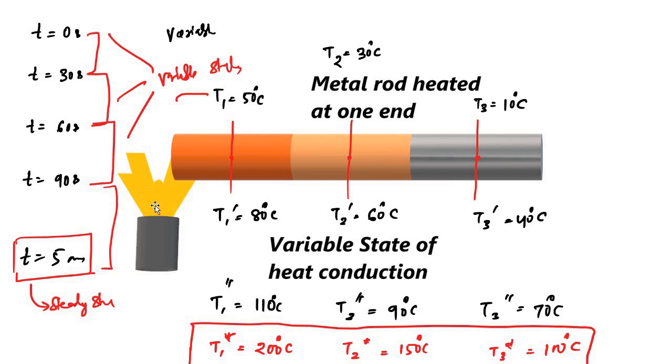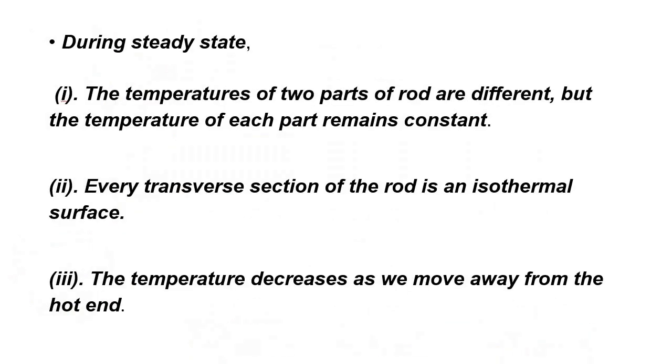The section which is closer to the source of heat, or the fire or whatever it is, is always higher. And then the quantity of heat flowing per second through every cross section is constant. We know that heat flow depends on the temperature difference.